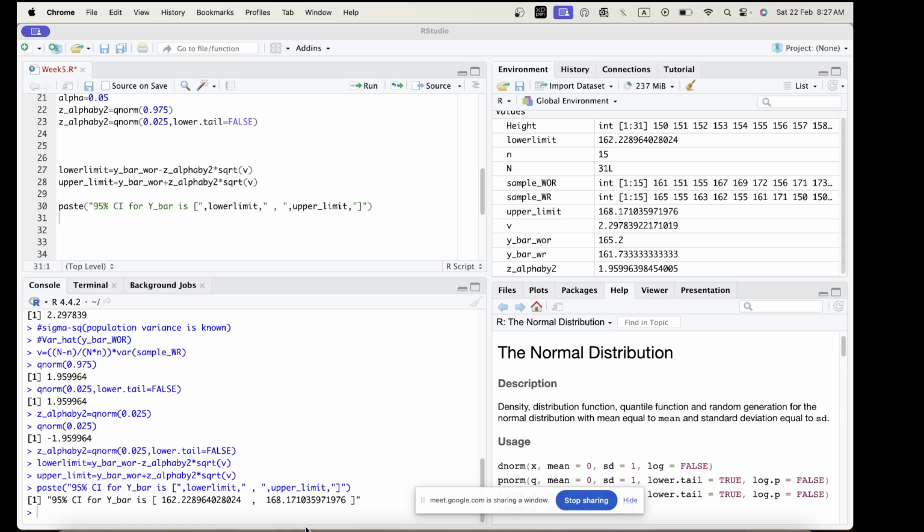That is all I'm saying. It could fall anywhere outside as well, but that chance of error is 5%, because I am 95% confident that the Y bar is going to fall between these two ranges.